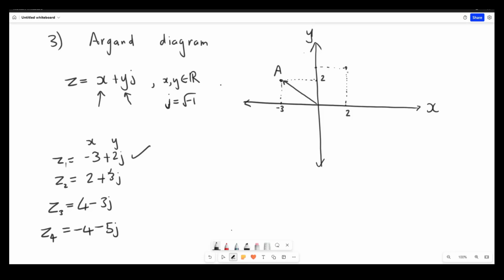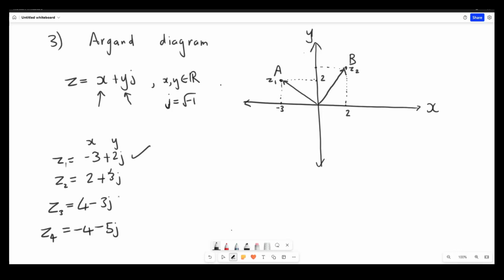About there is my complex number, and this is B. Then I can just draw my arrow up to there. So this here is my Z. Let me write here, this is Z1, the complex number Z1. This is the complex number Z2.